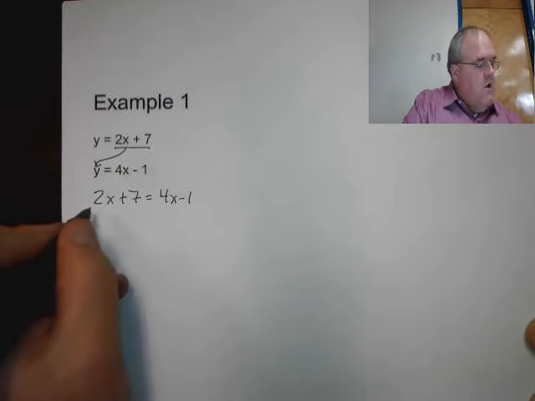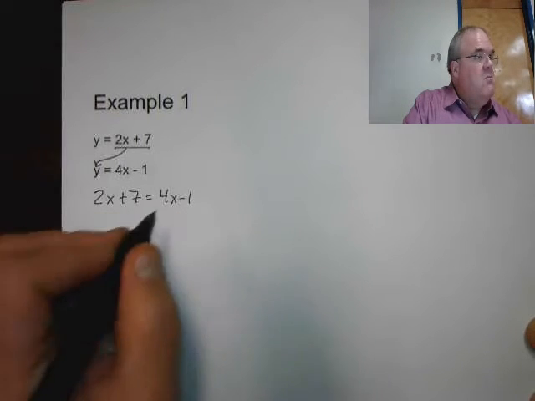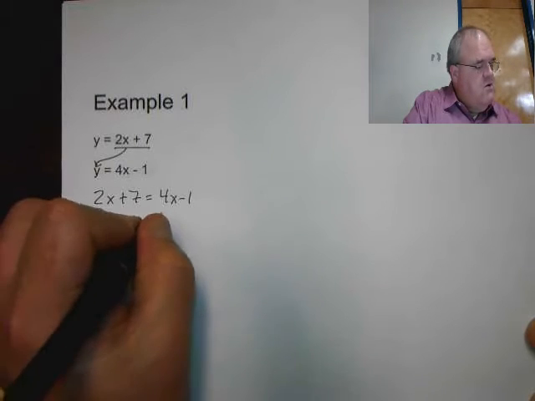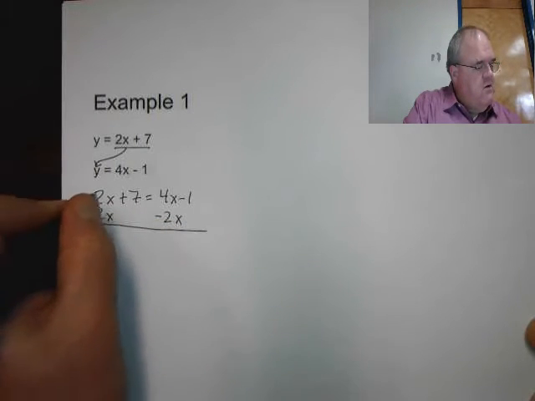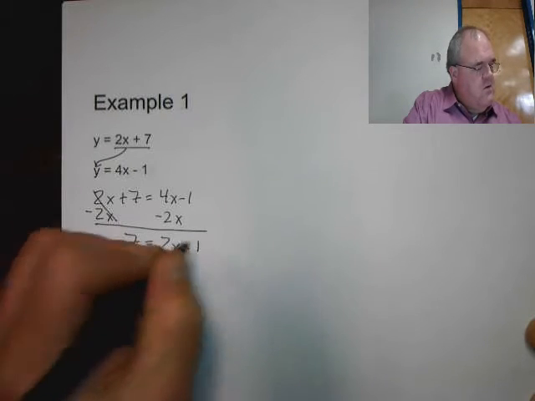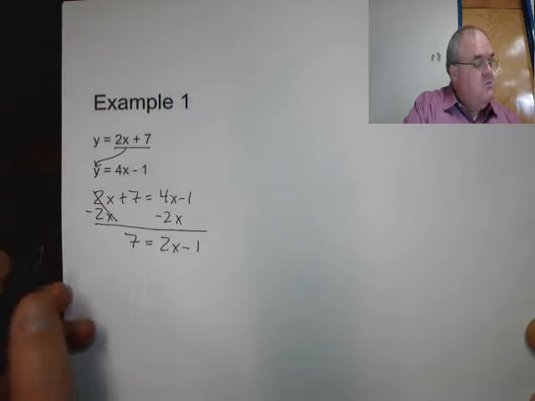So now I'm just going to end up solving for x. To do that, I'm going to subtract 2x from both sides. So I get 7 equals 2x minus 1.